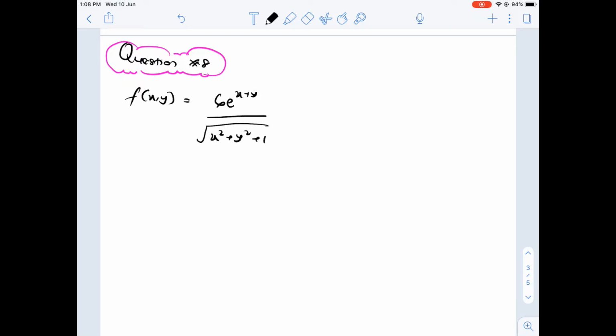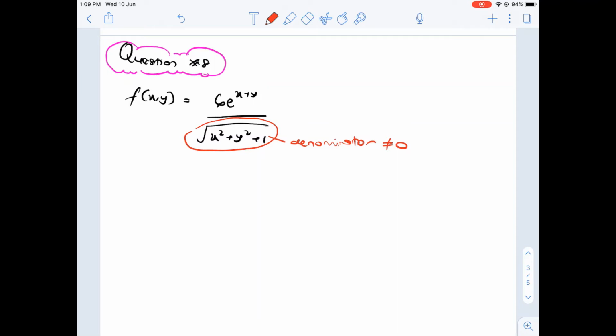Again, we have a fraction. So f(x,y) equals 6 exponent x plus y over the square root of x squared plus y squared plus 1. Again, this is a fraction, so we know that the denominator cannot be equal to 0.